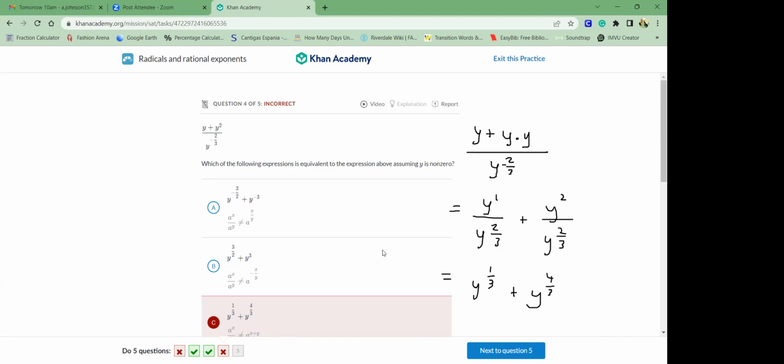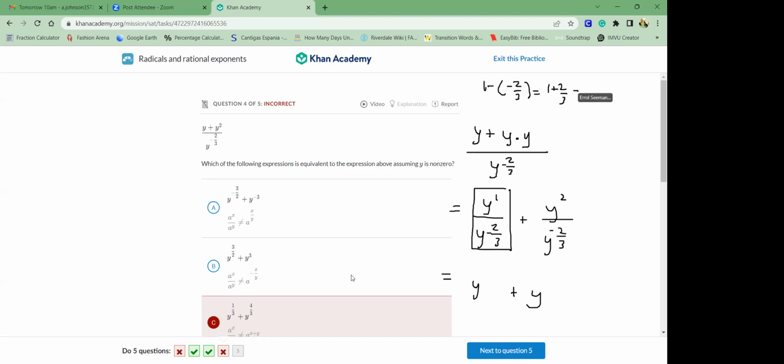Same process, but on this line, if we go back to this line, this is negative here and this is negative here. So what's on this one right here? What's 1 minus minus 2 over 3? That's the same thing as 1 plus 2 over 3, right?